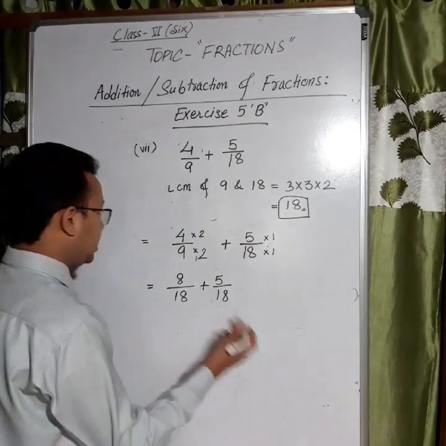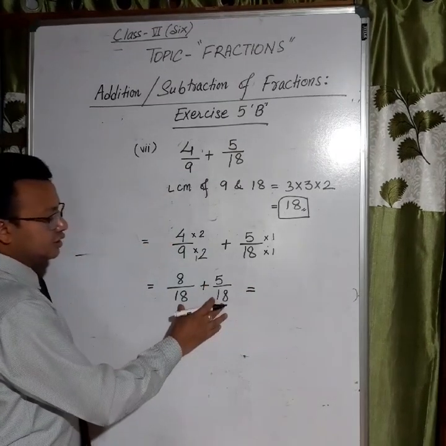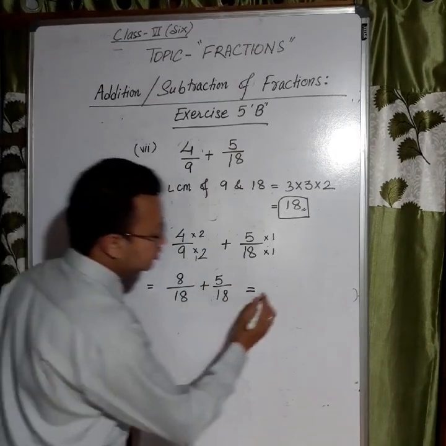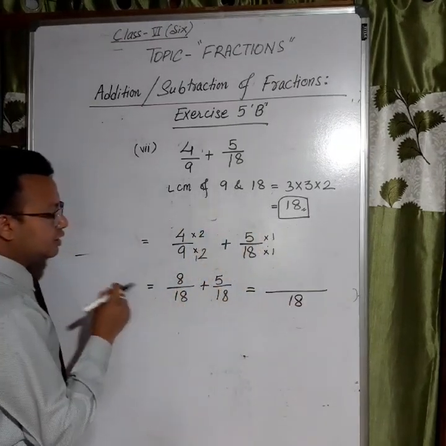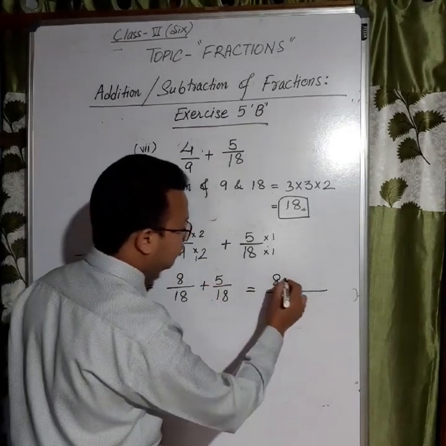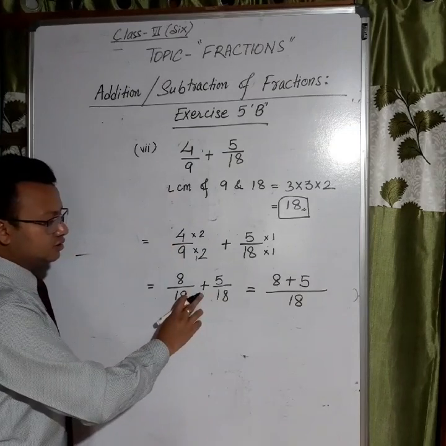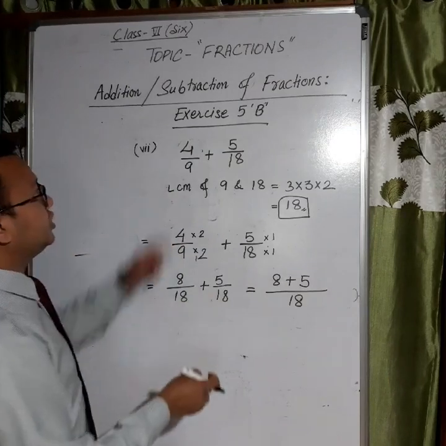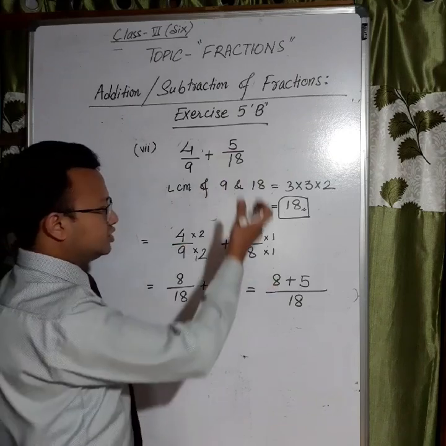Alright, so now the simplest rule is, since the denominators are common, I'll write the whole denominator as 18 itself, and we'll add the numerators. Why add? Because the operation is addition. It is the same for subtraction also, because the process is the same.